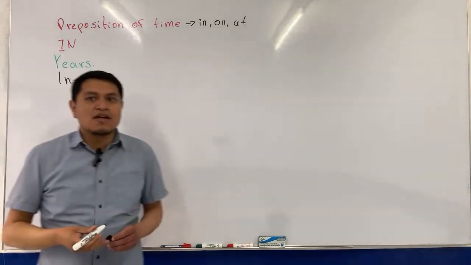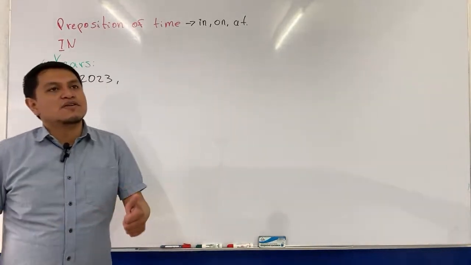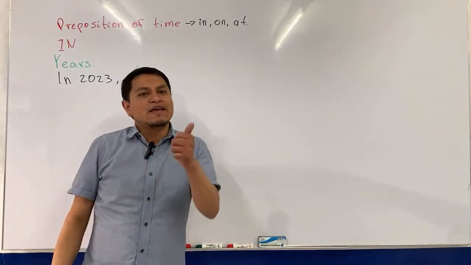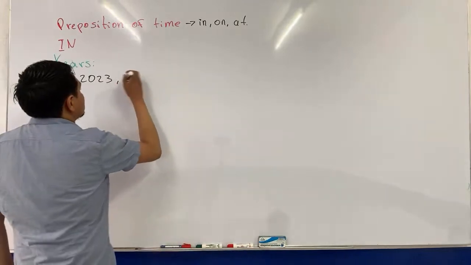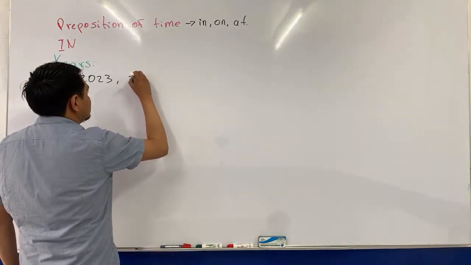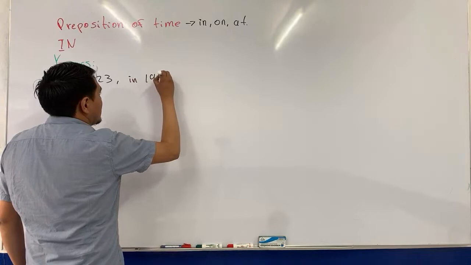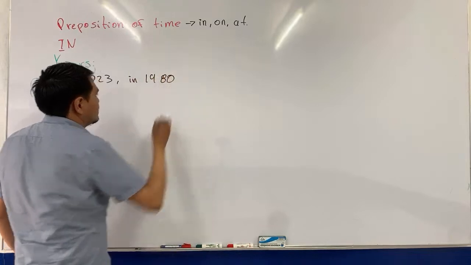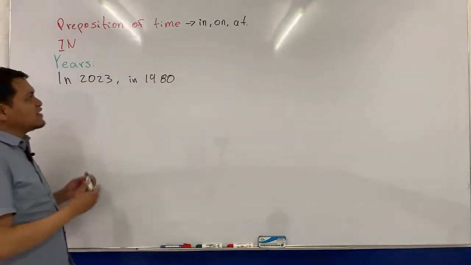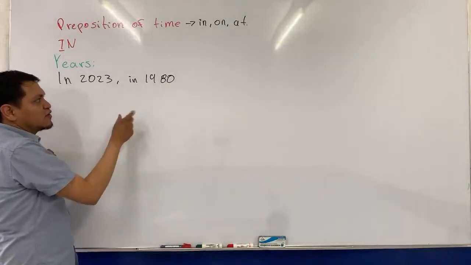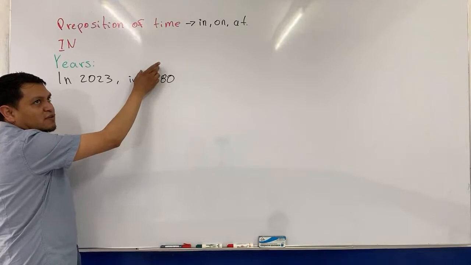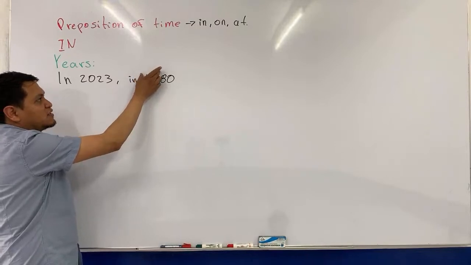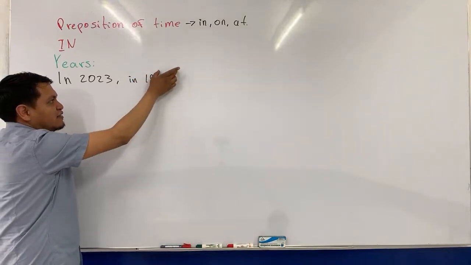For years. Another example, in 1980, in 1918. Remember, in English, the correct way to read this is in two digits, first this and then this.